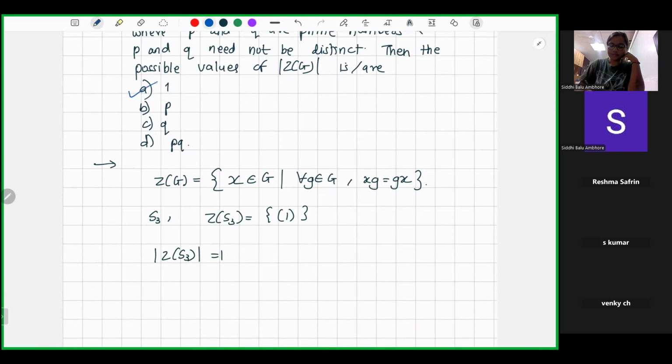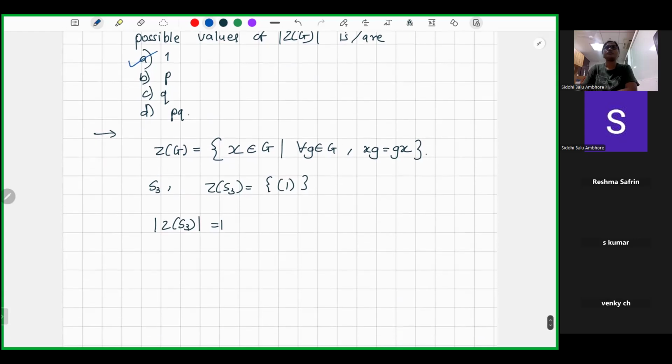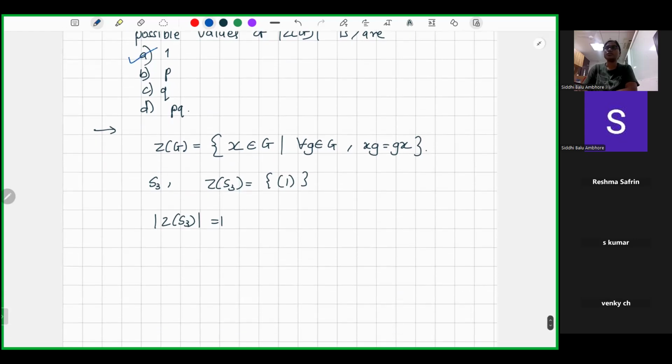The possibility is there. It is possible to have only one element which commutes with the other elements of the group. You can have many other groups where this holds, but for now, is this okay? We have to check the possibility.